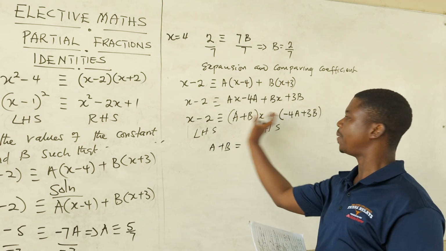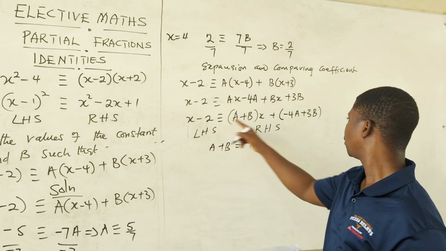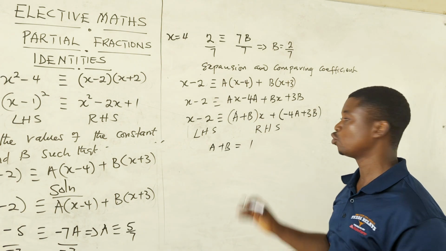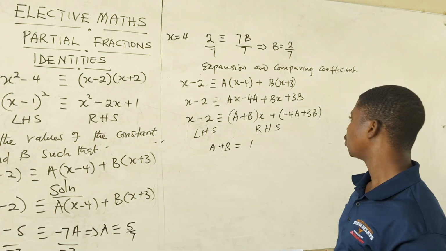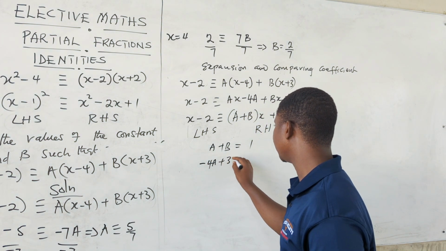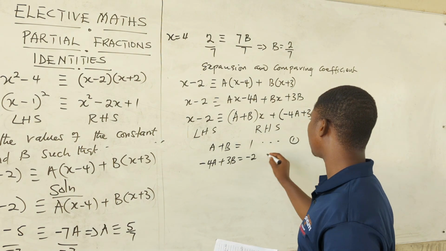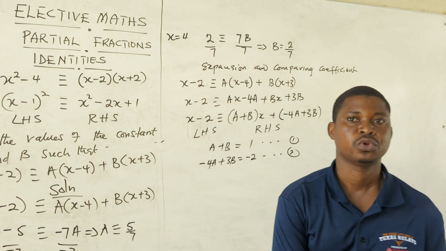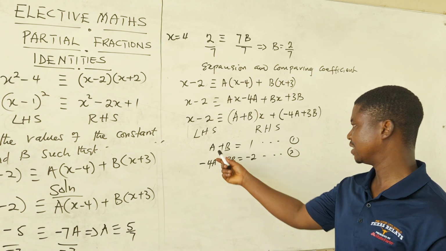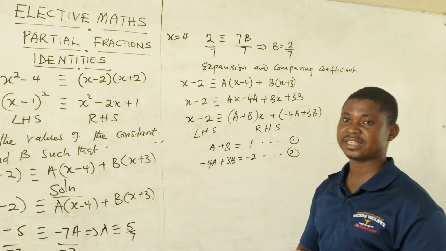Then, when you compare the other terms, negative 2 doesn't have any variable, and negative 4A plus 3B also doesn't have any variable, so those should also be equal. So we have negative 4A plus 3B equal to negative 2. So we have our equation 1 and equation 2, and we solve these simultaneously. To solve this, you can use the substitution method by making A the subject in equation 1.